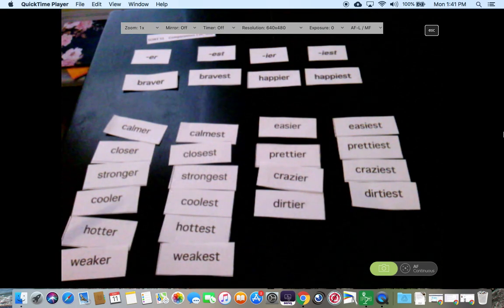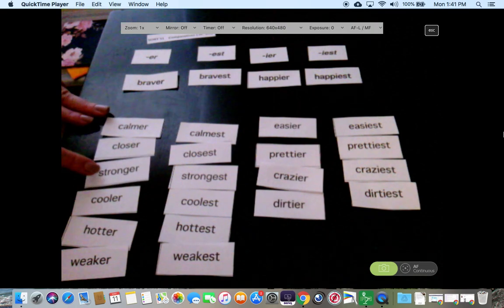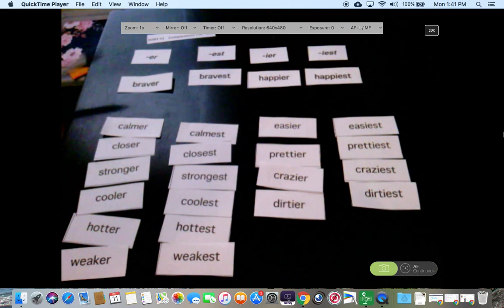So let's read through, and again, if you have your words in different orders, as long as they're in the correct column, that's absolutely fine. But we're going to go through and just make sure that you can read these words correctly. So under ER, words where we just add ER to the ending to compare it. Calmer, closer, stronger, cooler, hotter, and weaker.